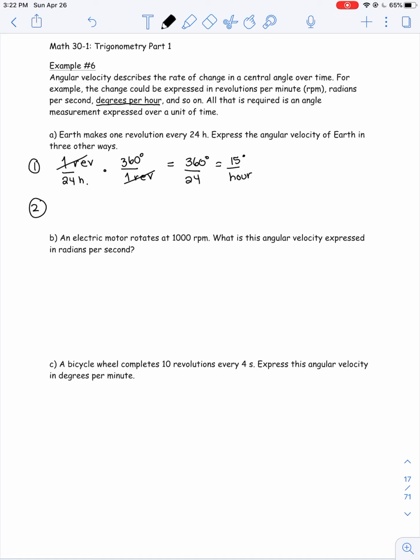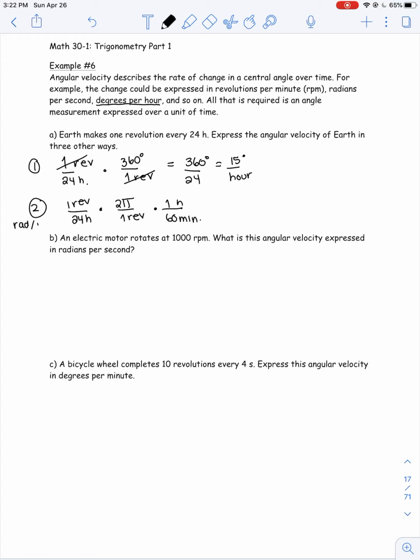So that's one method. A second method is I can do radians per minute. So I know again 1 revolution over 24 hours. I can multiply it by 2 pi over 1 revolution instead. And then I'm going to multiply by 1 hour is equal to 60 minutes.